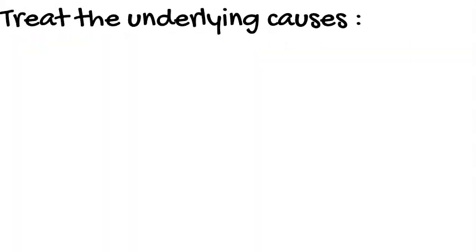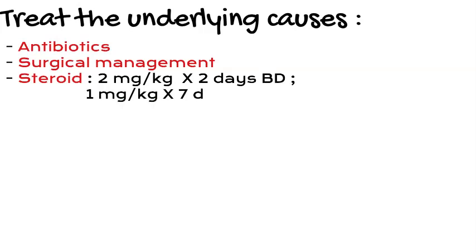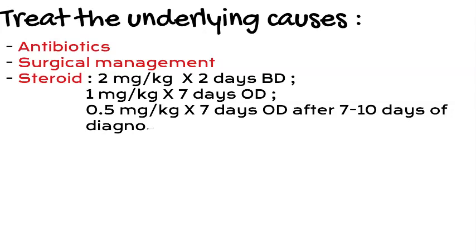Treat the underlying causes with antibiotics, surgical management, steroid. 2 mg per kg for 2 days BD dose, 1 mg per kg times 7 days OD dose, 0.5 mg per kg times 7 days OD dose after 7 to 10 days of diagnosis.